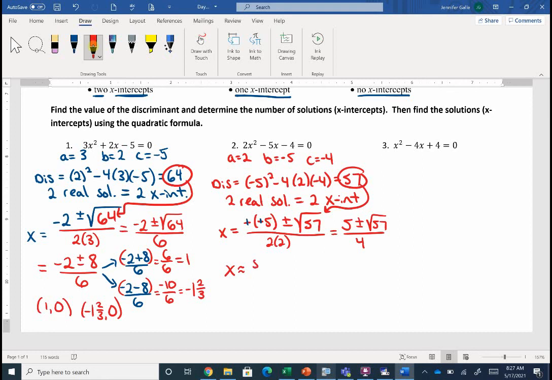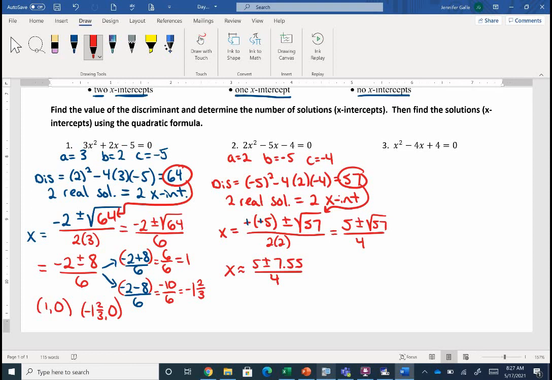And we're going to have 5 plus or minus the square root of 57, which rounds roughly to 7.55. We want to be able to graph these, so we're just going to round to the nearest hundredth.